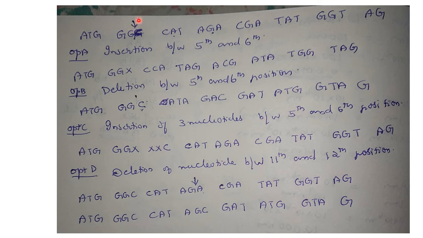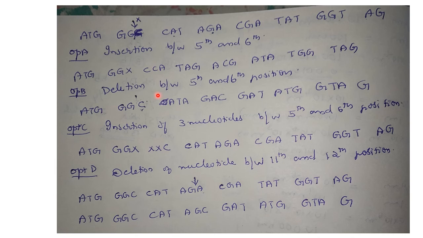So over here I have written the insertion of the nucleotide as X. So after insertion you will get the sequence ATG, GGX, CCA, TAG, ACG, ATA, TGG and TAG. Now if you insert between position 5 and 6, then you are not going to get a protein which will code for the same amino acid as the wild type. So insertion between 5 and 6 is not the correct answer.